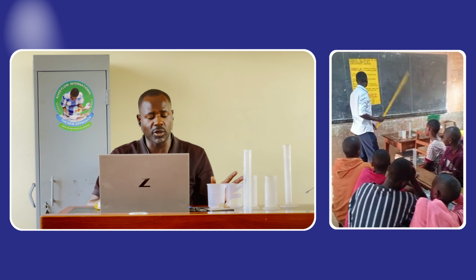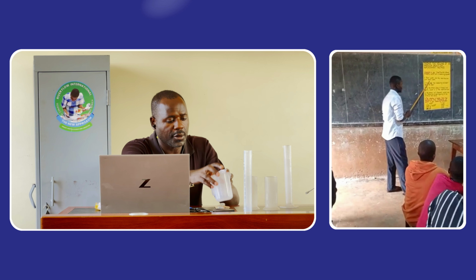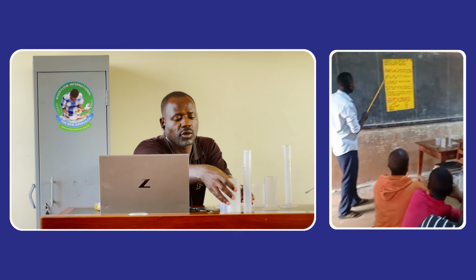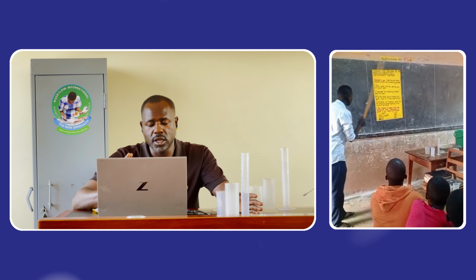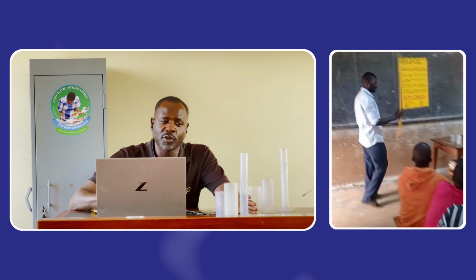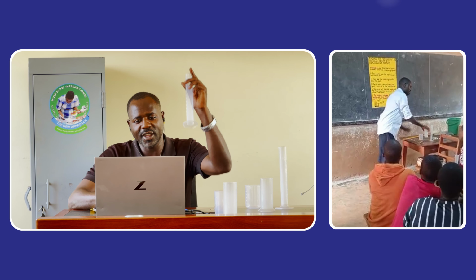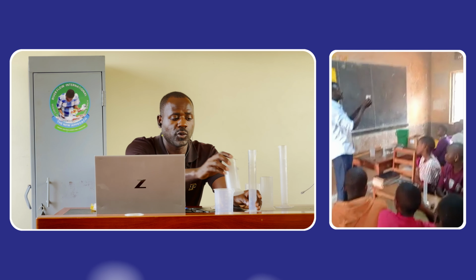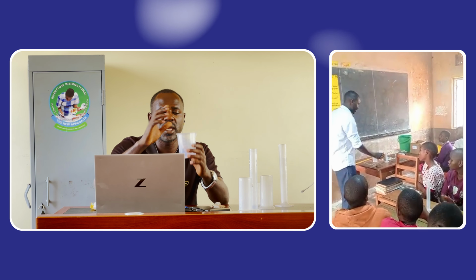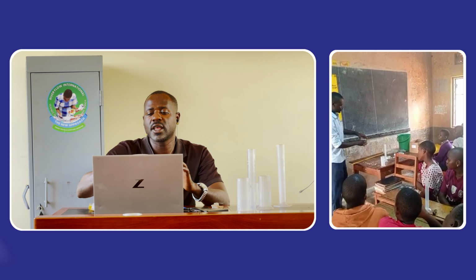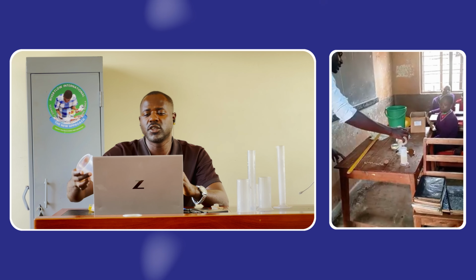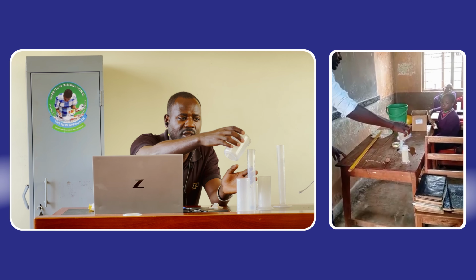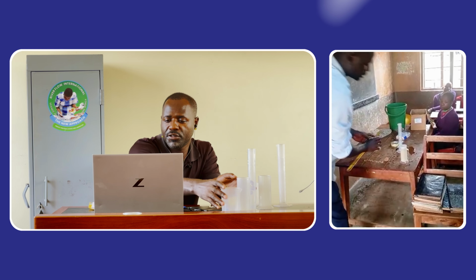First and foremost, the teacher had all the three items we use in finding the volume of an irregular object: the measuring cylinder, the overflow can that we mostly use, and the beaker for transferring water from the bucket into the measuring cylinder or overflow can.